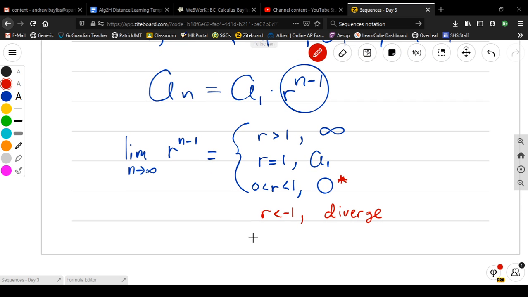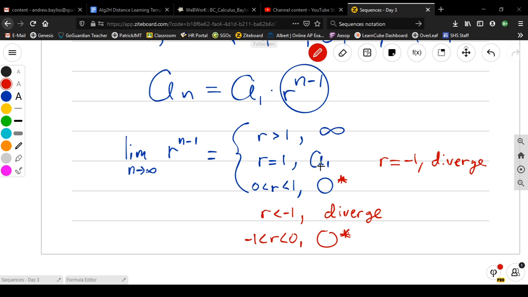Now, if r is between -1 and 0, let me write that this way, -1 less than r less than 0, this will converge to 0, which will be nice. And if your r is just equal to -1, this is going to diverge and go nowhere.